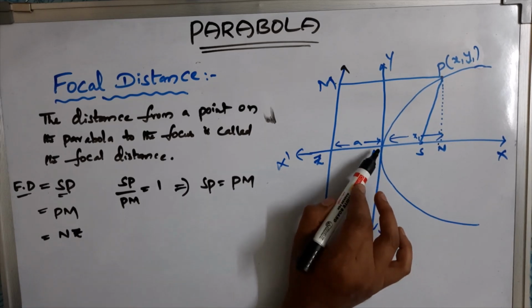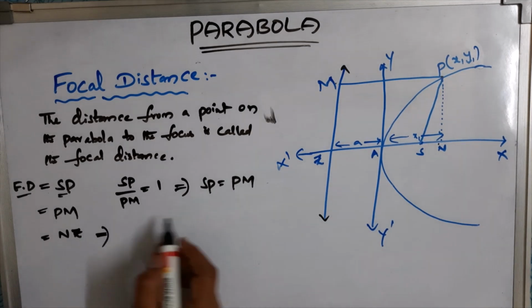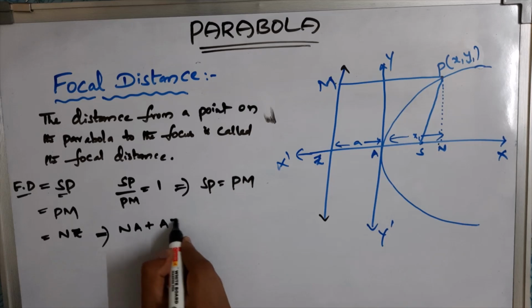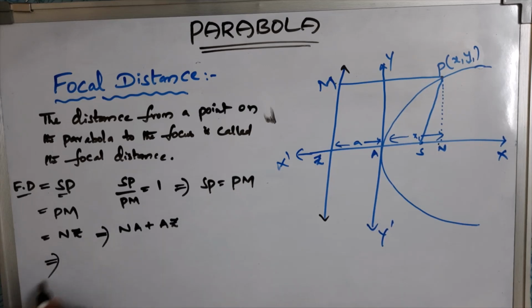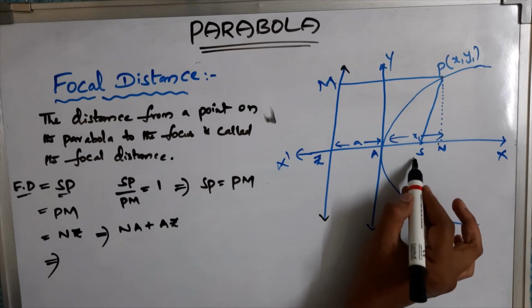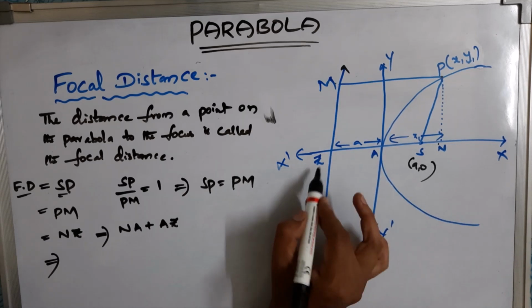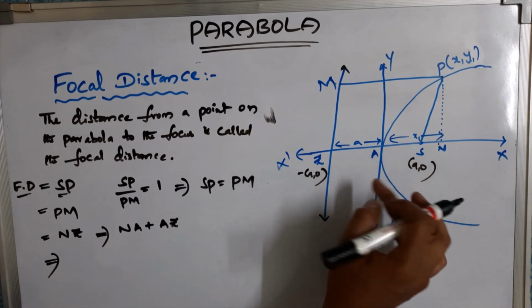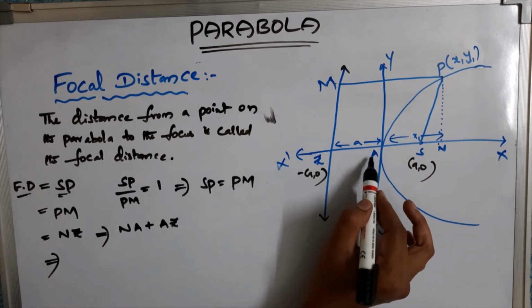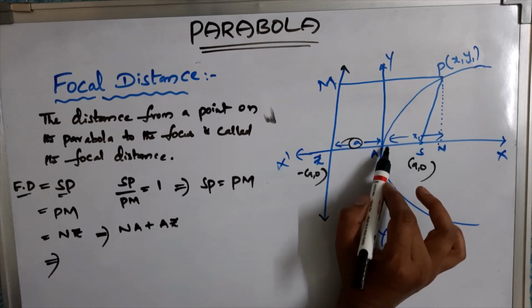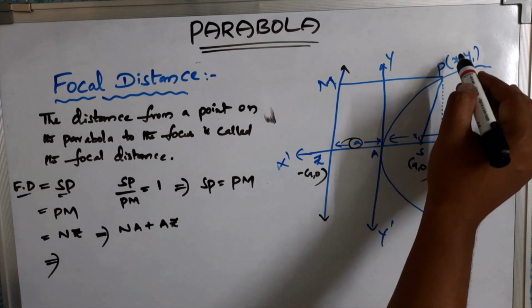Here A is the middle point, so NZ can be written as NA plus AZ. Now, the focus is (a, 0), and this is (-a, 0), so it lies on the x-axis. The value of AZ becomes a, and NA is x1.